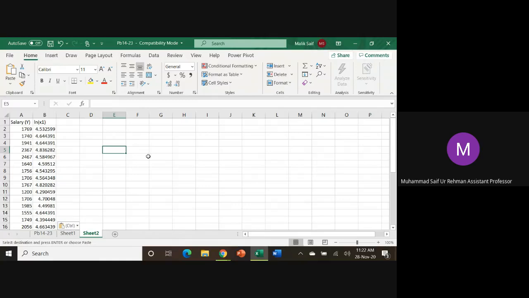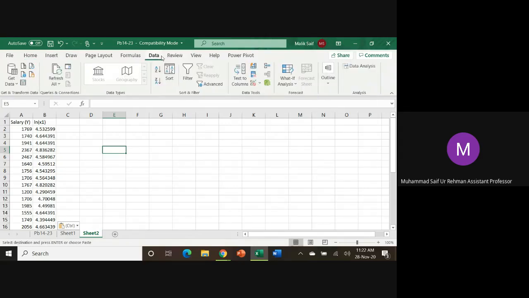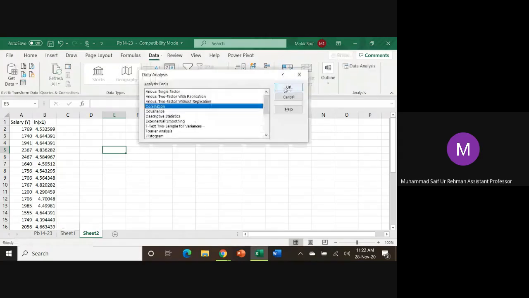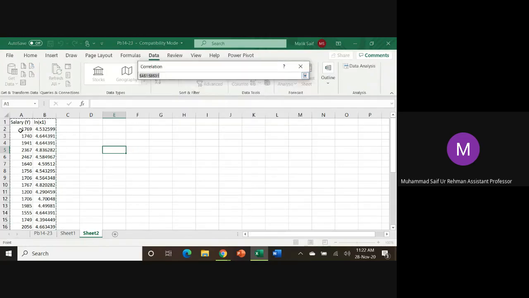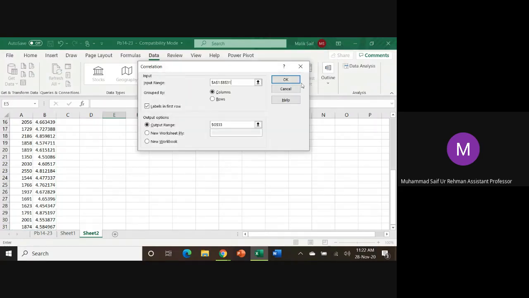Now if you find the correlation coefficient between these two, let us see what it will be. Data analysis, correlation, between these two. For the output range, you may go over here. Let us say you want the results over here.